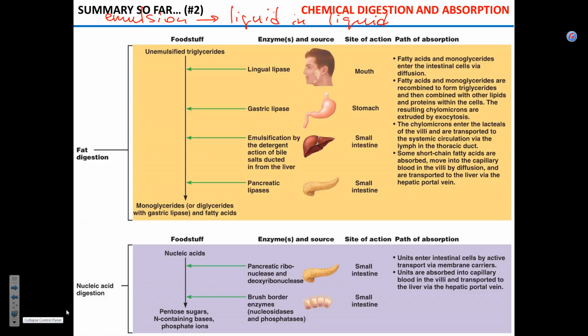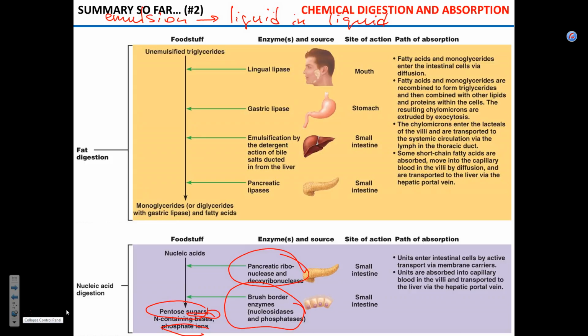So they are processed in the small intestine by nucleases. Ribo- and deoxyribonucleases split molecules of DNA and RNA into individual nucleotides, and then enzymes of the brush border, nucleosidases and phosphatases, break them further into nitrogenous bases, phosphates, and sugars.